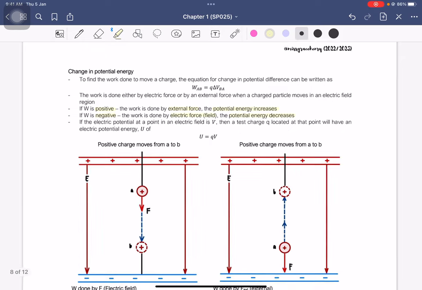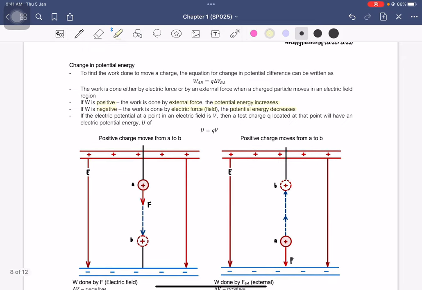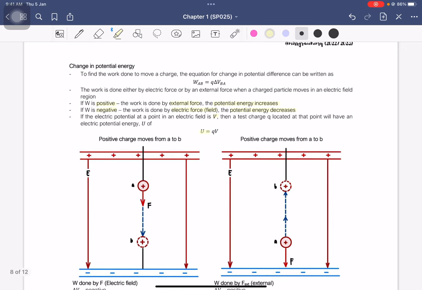If the electric potential at a point in an electric field is V, then the test charge Q located at that point will have an electric potential energy of U equals QV. Okay, so this is the equation for electric potential energy.